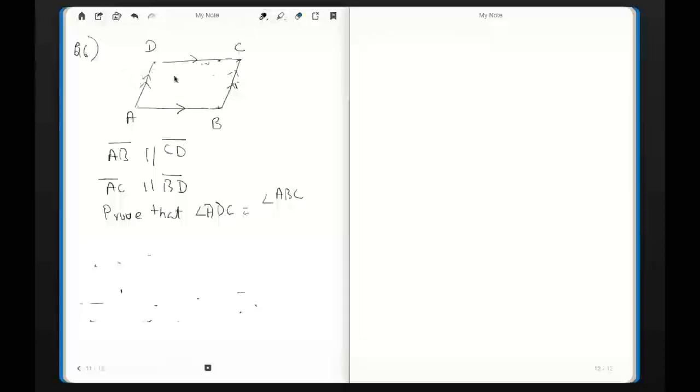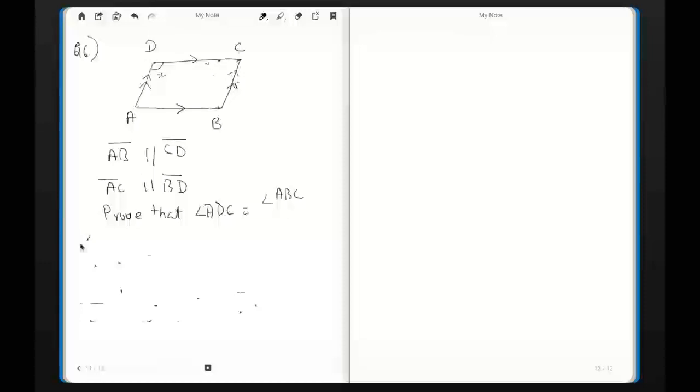So angle ADC is equal to angle ABC. That's what we need to prove. Now how can I do that? If I say ADC is X, these two are parallel lines, and you can consider CD as a transversal.